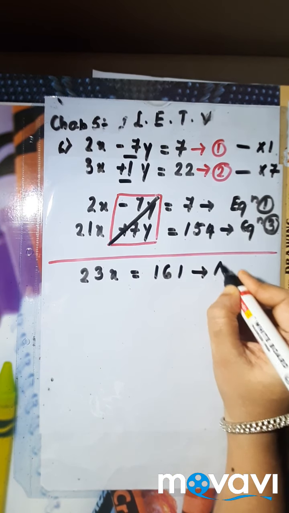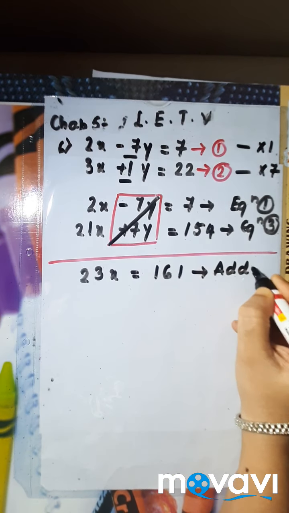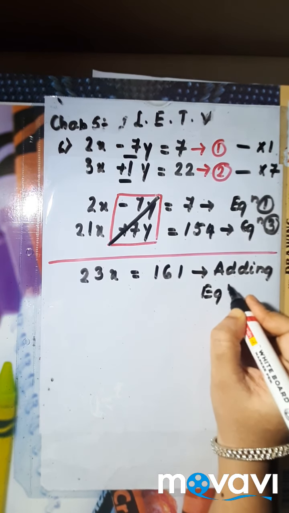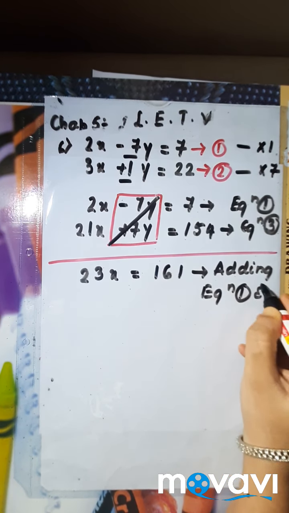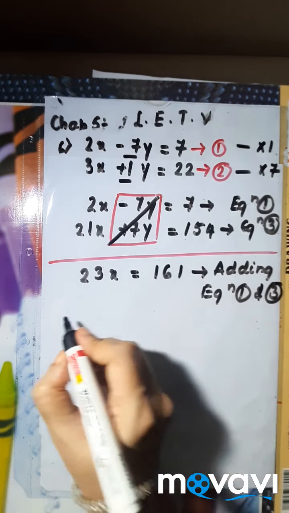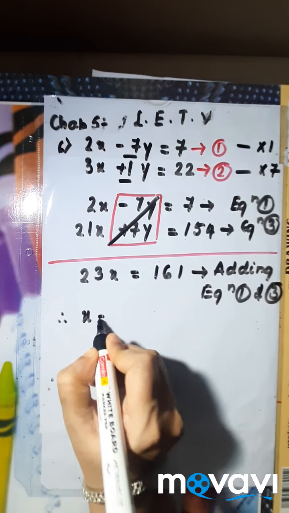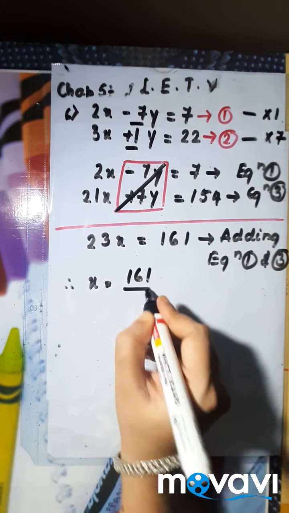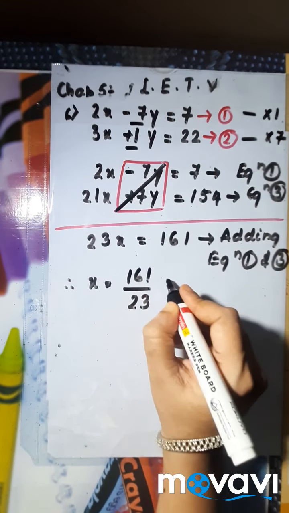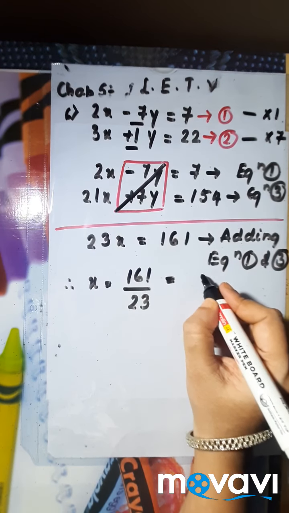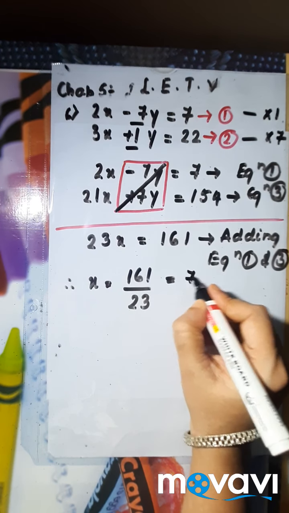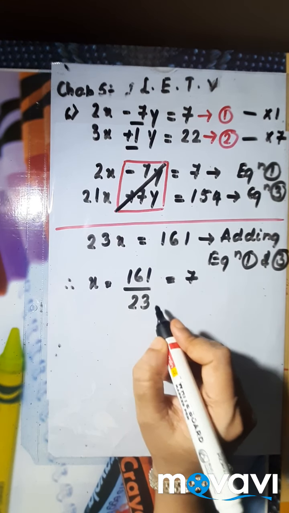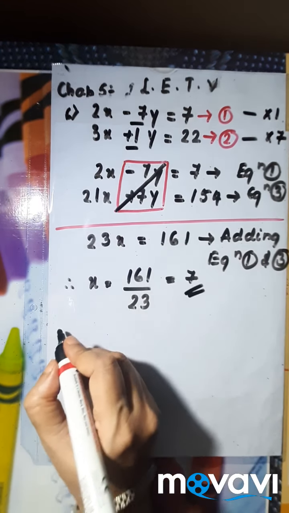This is adding equation 1 and 3. Therefore, x is equal to 161 upon 23. x is equal to 7.